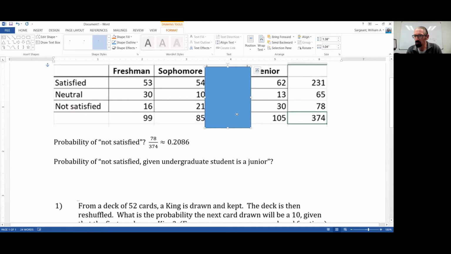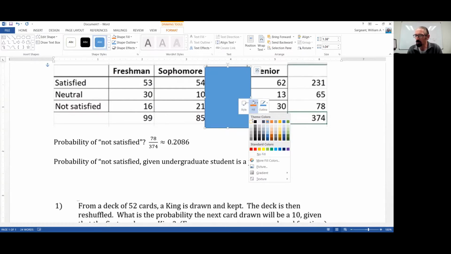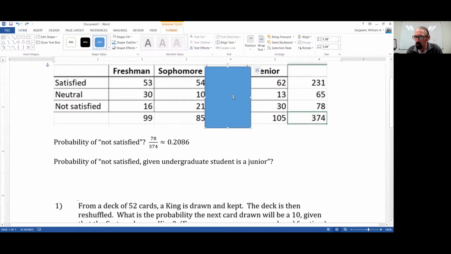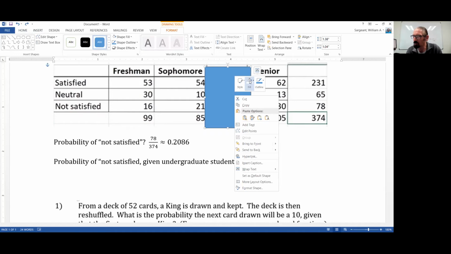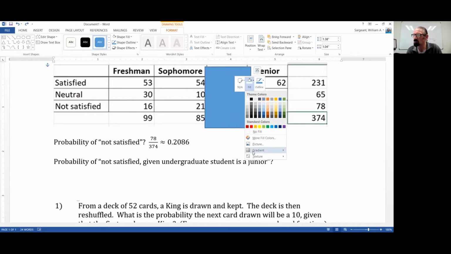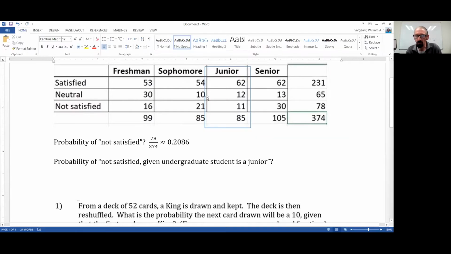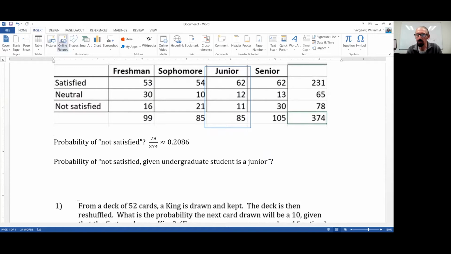And tell it not to fill that in. I might not be able to do that. Give me just a moment to double check. No fill. There we go. And of that, we had the 11 that were not satisfied, given that they were a junior.